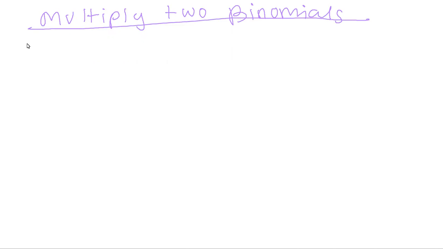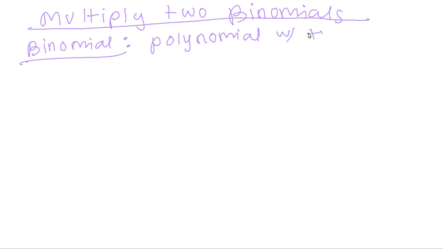And binomials just mean a polynomial with two terms. So for example, if I had x plus 5 and x plus 4, there's a method, or there's an acronym that I really like called FOIL.